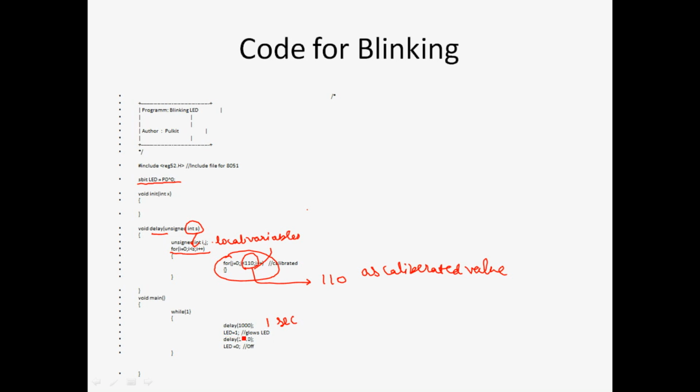After that the LED is on; the LED glows by giving this identifier the value 1. Again we have delay, and then we switch off that LED. So between these two points our code is executed infinitely, and due to this code a blinking pattern is seen.